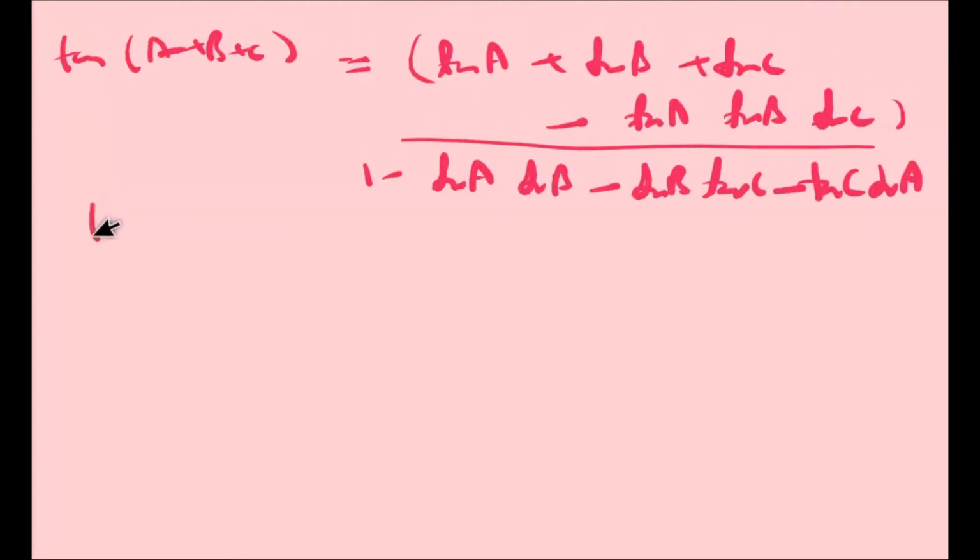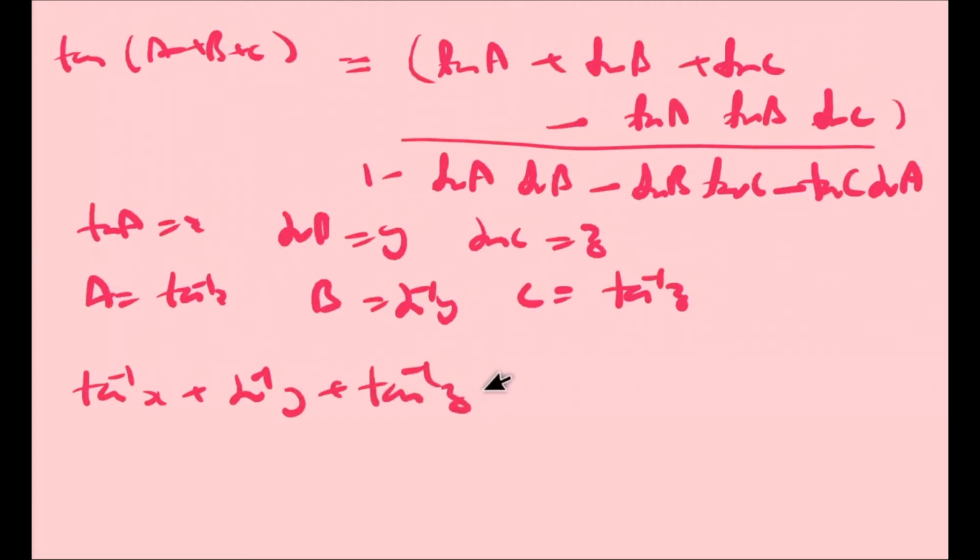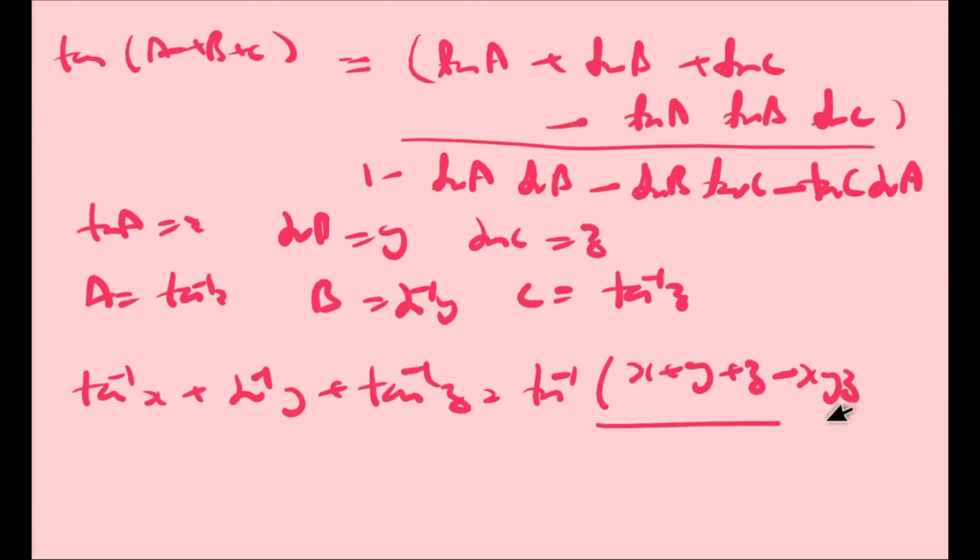If we let tan a equal x, tan b equal y, tan c equal z, and a equals tan⁻¹ x, b equals tan⁻¹ y, c equals tan⁻¹ z, and taking tan inverse on this side, we find the formula tan⁻¹ x plus tan⁻¹ y plus tan⁻¹ z equals tan⁻¹((x + y + z minus xyz) upon (1 minus xy minus yz minus zx)).